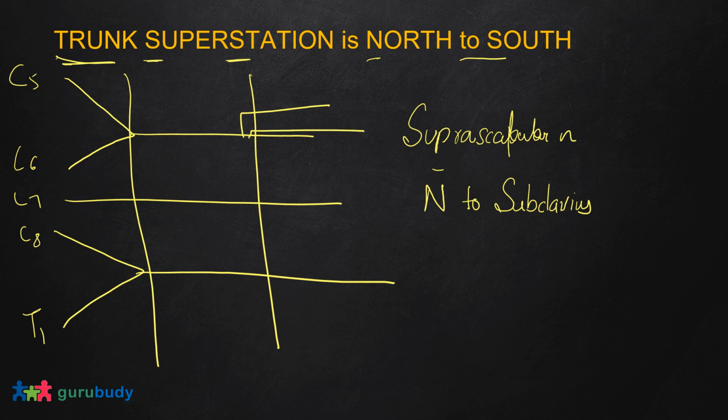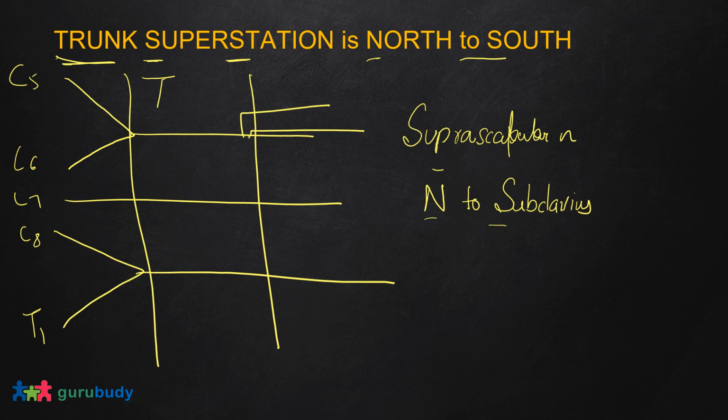So I think from this it becomes easier that this is the trunk part, and in the trunk, superstation is north to south. So suprascapular nerve, and north to south is nerve to subclavius. Okay.